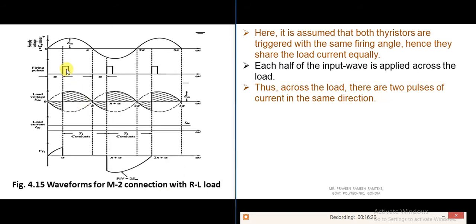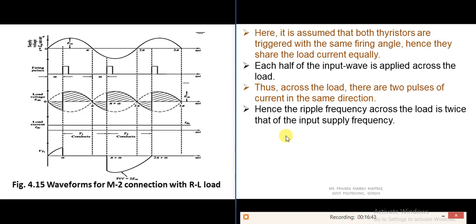If we look at the firing angles for the positive half cycle and the negative half cycle, the alpha is the same, hence they share the load equally. Why is there the same directional current flow? We'll see further, after showing both the diagrams. Hence, the ripple frequency across the load is twice that of the input supply frequency.